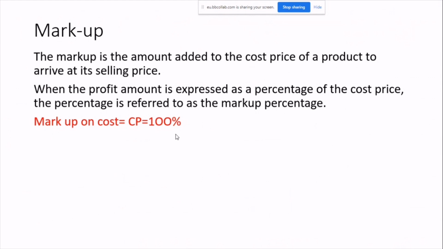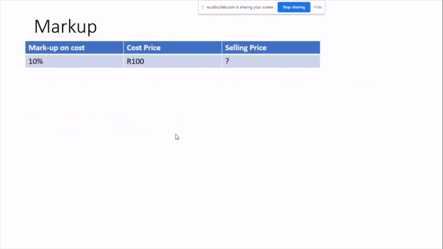So when this amount is expressed as a percentage of the cost price, then the percentage is referred to as markup percentage, right? Now, I need you to note this important information, markup on cost. When you're dealing with markup on cost, you must just note that your CP, or your cost price, is always 100%.